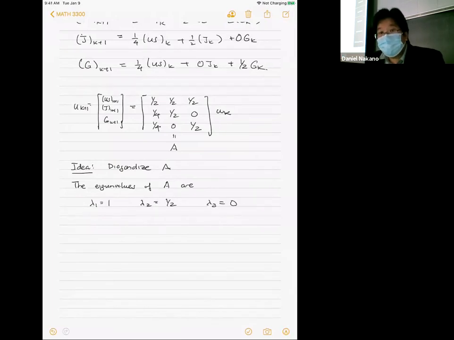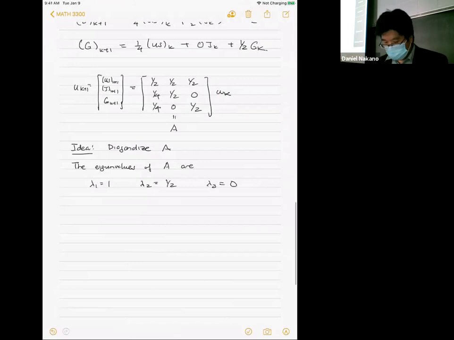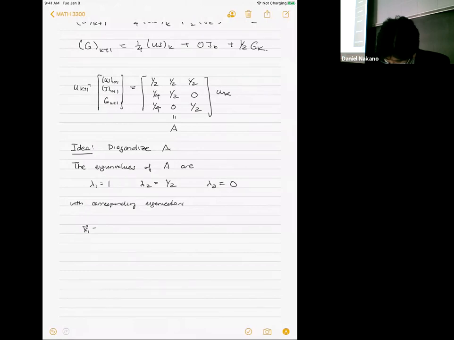Okay, so we've done enough examples. You take A minus lambda I, you look at its determinant, you find the roots of the characteristic polynomial, et cetera, et cetera. And that's how you find these, okay? And then you can find the corresponding eigenvectors, and I'll just label them: x1 is equal to 2, 1, 1. x2 is going to be equal to 0, minus 1, 1.